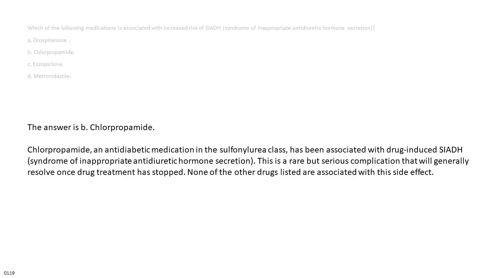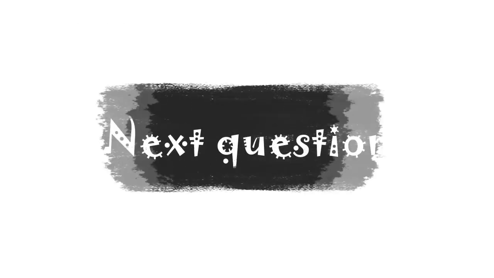The answer is B. Chlorpropamide. Chlorpropamide, an antidiabetic medication in the sulfonylurea class, has been associated with drug-induced SIADH. This is a rare but serious complication that will generally resolve once drug treatment has stopped. None of the other drugs listed are associated with this side effect.